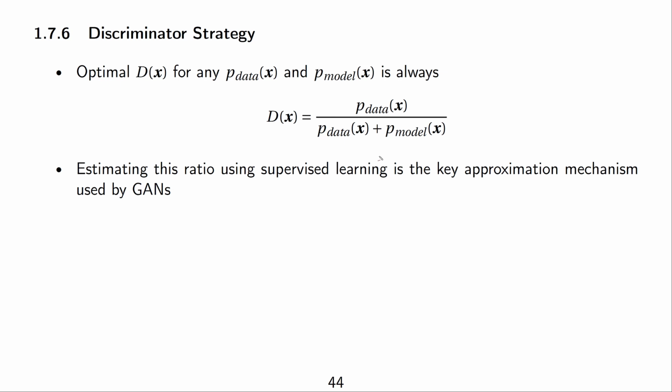Now, doing some derivations that are not shown, we can compute the optimal D(x) for any p_data(x) and p_model(x). The optimal discriminator choice is given by this equation: p_data(x) divided by p_data(x) plus p_model(x). Using the previous example, p_model was 1, p_data was 1/5.